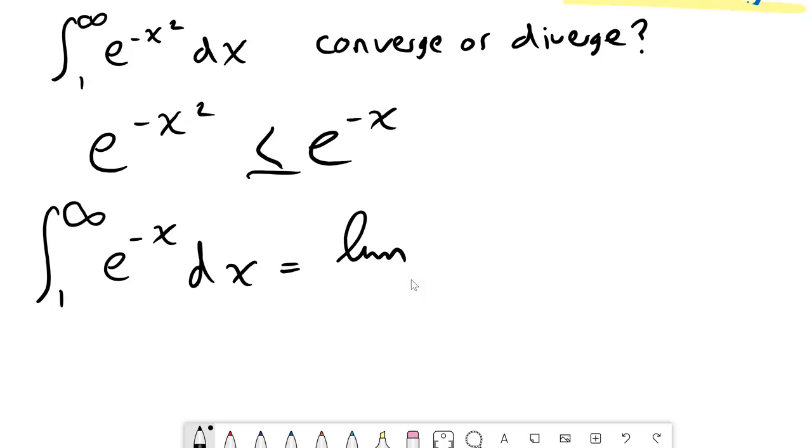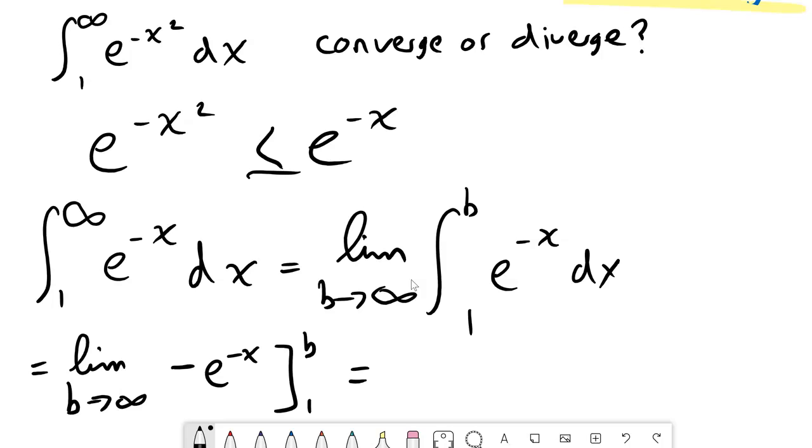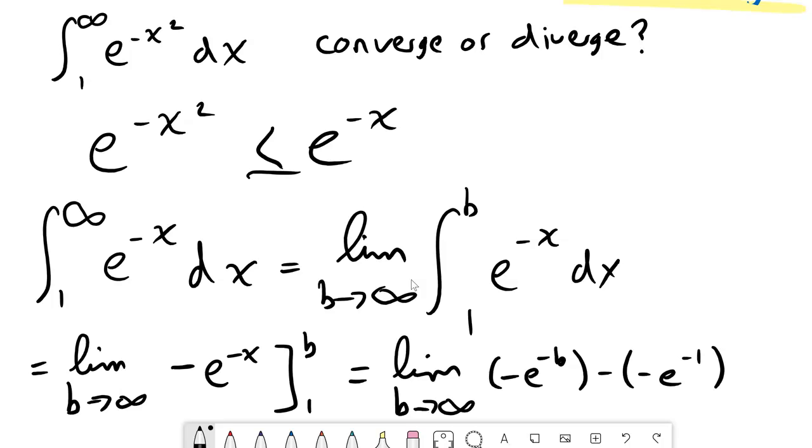This is the limit as b approaches infinity of the integral from 1 to b of e to the minus x dx, which is equal to the limit as b approaches infinity of minus e to the minus x evaluated at these two, which is the limit as b approaches infinity of minus e to the minus b minus minus e to the minus 1.